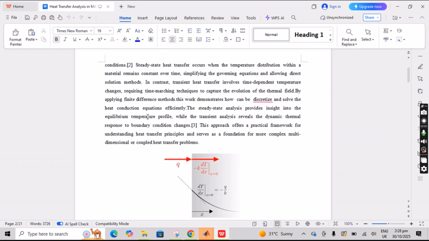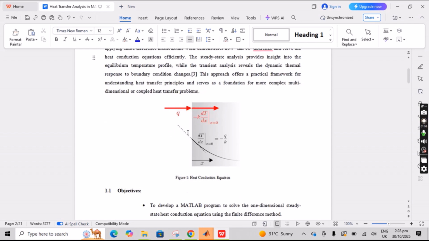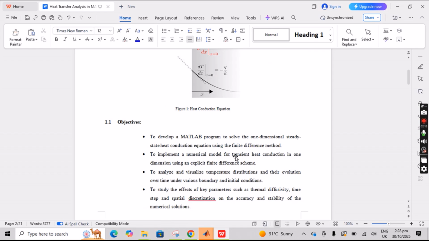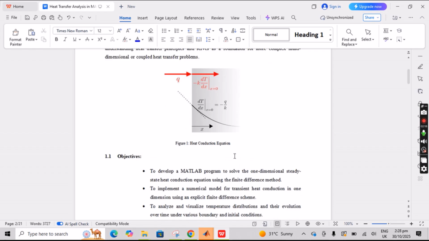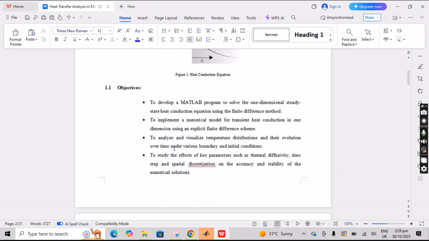We call these the principles of heat transfer equations, the foundation for more complex multi-dimensional or coupled heat transfer problems. So these are the heat conduction equations. Basically, this figure diagram shows how temperature depends on the heat based on different materials.